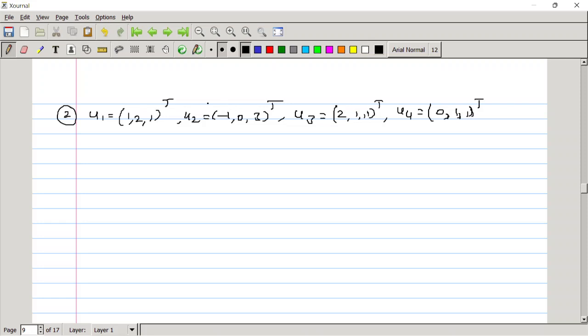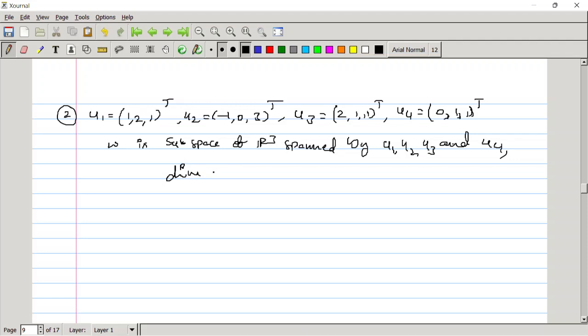So it is given that W is a subspace of R cube spanned by u1, u2, u3 and u4. Now it is asked to find the dimension of W. So let me write the given vectors in matrix form.